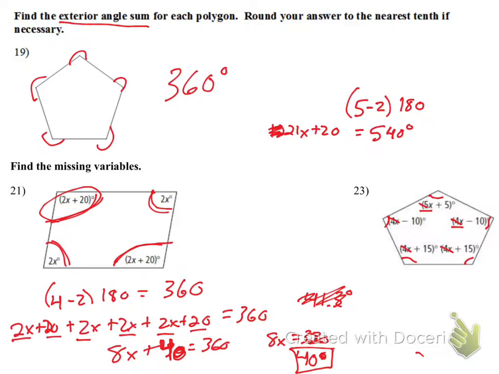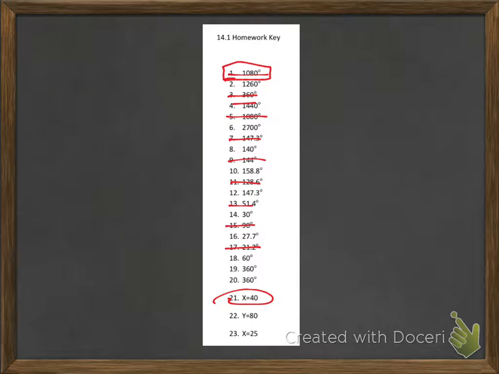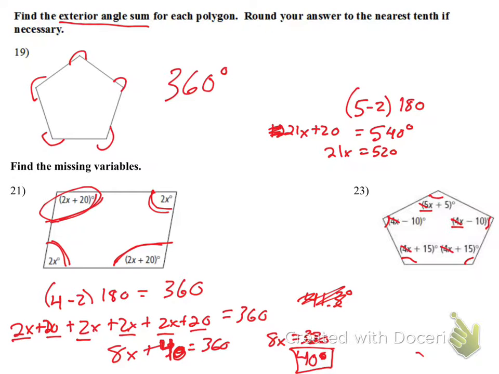And then minus the 20 over would be equal to 520. So 21x is equal to 520. And then take 520 and divide it by 21. 24.7, which I think is wrong. And it is wrong. So it's probably something with my adding.